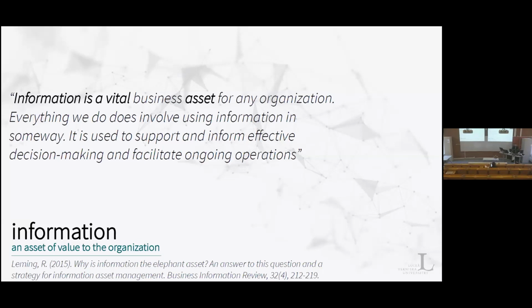So when I say assets hereafter, I'm referring to these types of information, that which is important to our organization, that which we need to make sure that we can protect, as with any other resource of value in an organization. Within information security, when we say protecting information, we specifically mean three things.